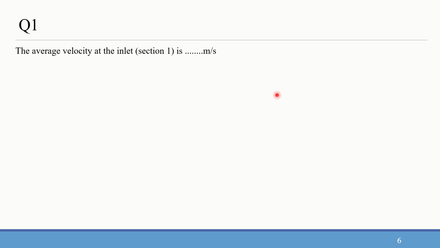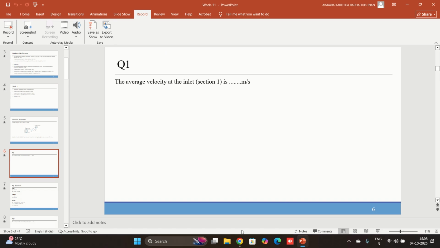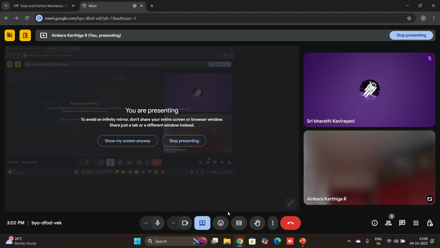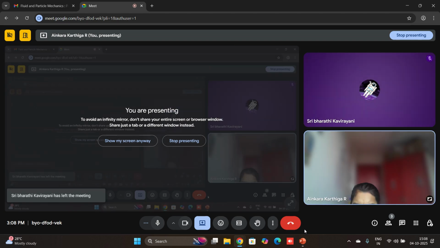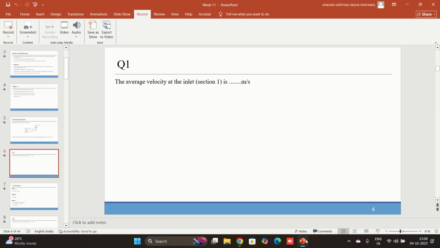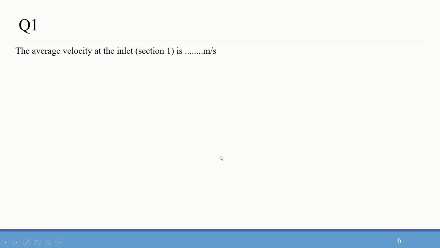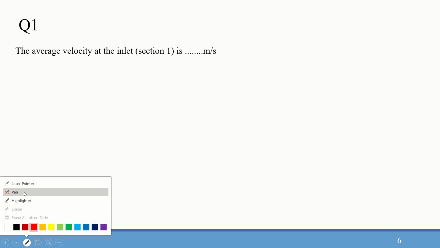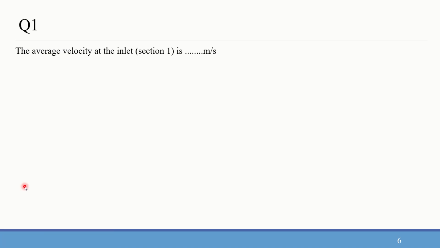As I mentioned, we need to calculate the flow rate divided by the cross-sectional area. That will give us the velocity at the inlet, that is section 1. So we will see how we can do that.